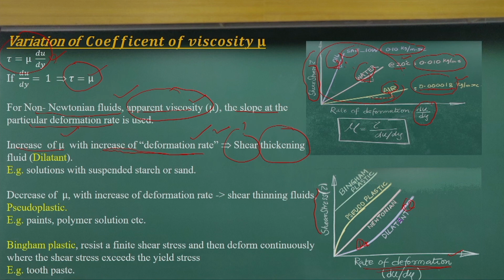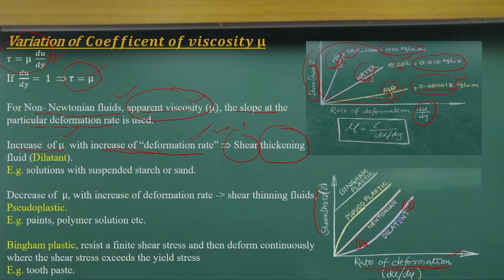The shear force necessary decreases for the same amount of deformation at two different rate levels. That means the dynamic viscosity decreases with increasing deformation, so a shear thinning process is happening.